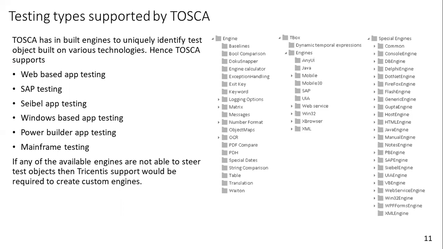Similarly for HTML, if a web page is there, it will identify the web page with the HTML engine. Anything for the desktop uses the Win32 engine. Some forms will be for the WPF forms engine, so it will be identified by that. The Host engine is for mainframes.